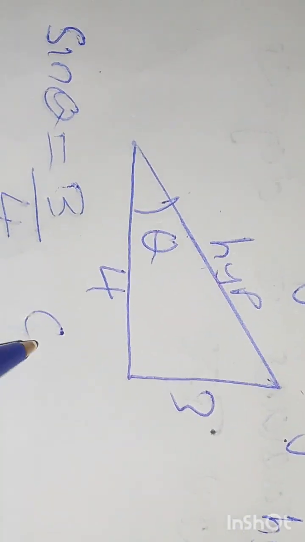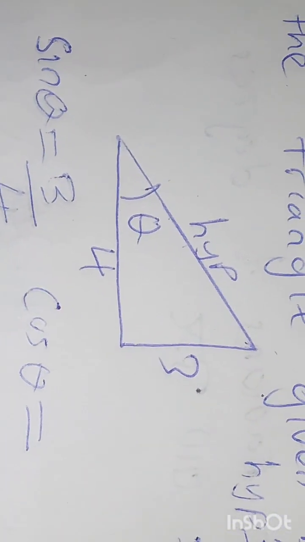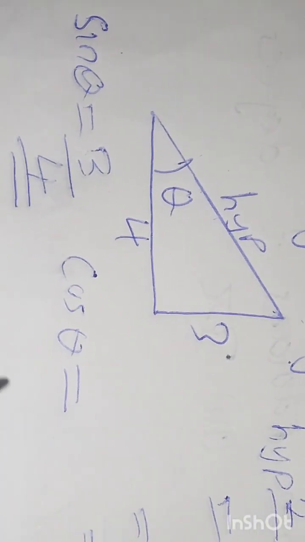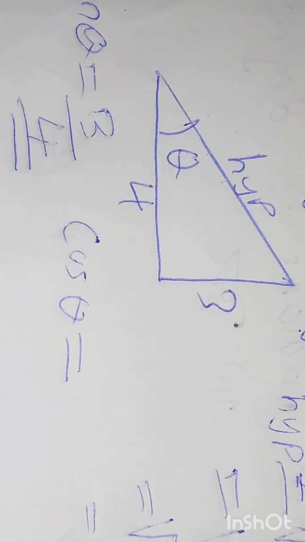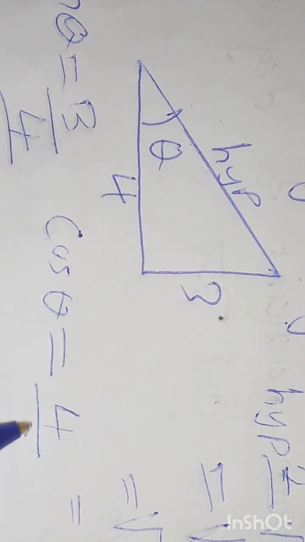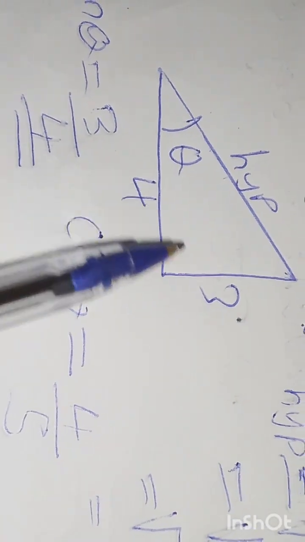Cos theta is adjacent over hypotenuse. What's our adjacent? It's 4 over 5. Oh, sorry, from here, it's opposite over hypotenuse. So opposite is 3, and our hypotenuse we have found is 5.